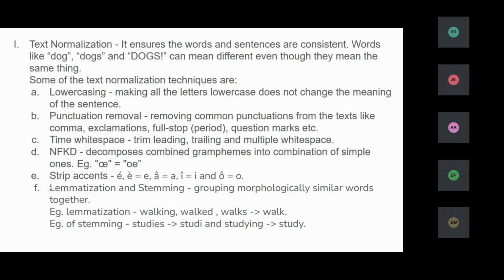Punctuation removal means removing common punctuation from the text like commas, exclamations, full stops, question marks, etc. Trim white spaces means trimming leading, trailing, and multiple white spaces, removing the spaces that are after the paragraph or multiple white spaces, or maybe some characters used two times in a sentence, and those will be removed. Not alphabets, but characters.